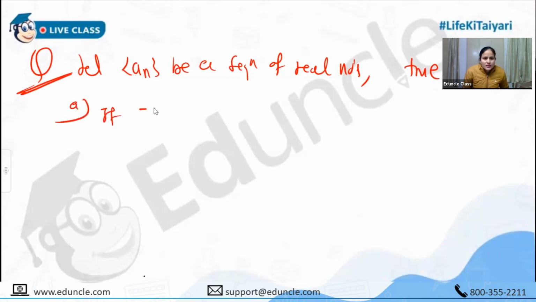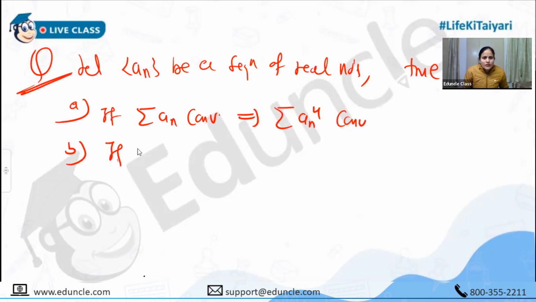First option: if a_n converges, then this will imply a_n to the power 4 converges. B option: if mod of a_n is convergent, then this implies mod of a_n square is convergent.